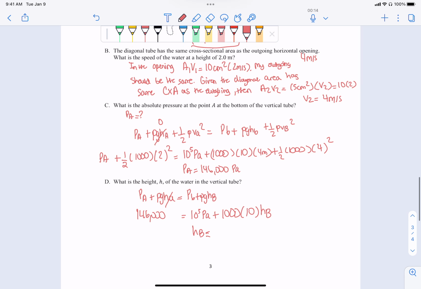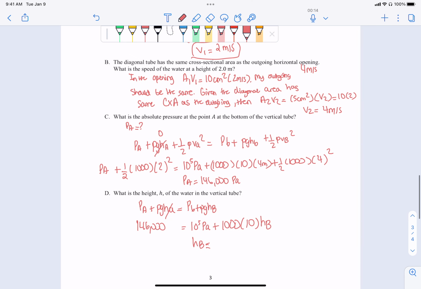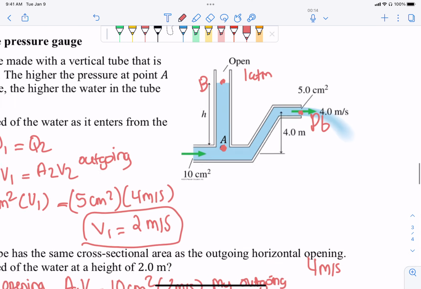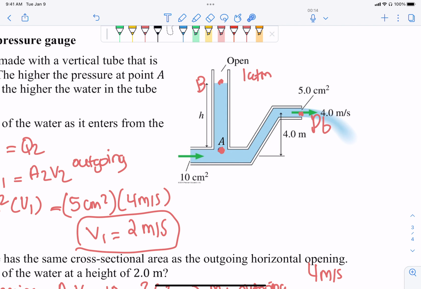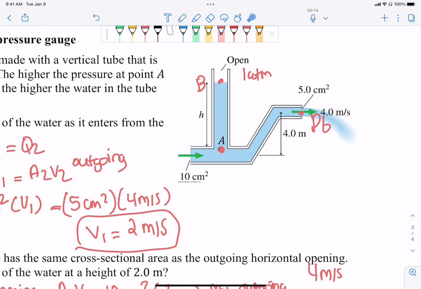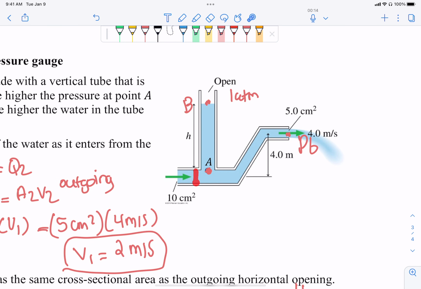So the reason we don't use any of the equations with the velocities and stuff is that this area here is pretty constant. We're not changing up the flow or anything like that, because this is the same cross-sectional area, so your speed isn't changing.